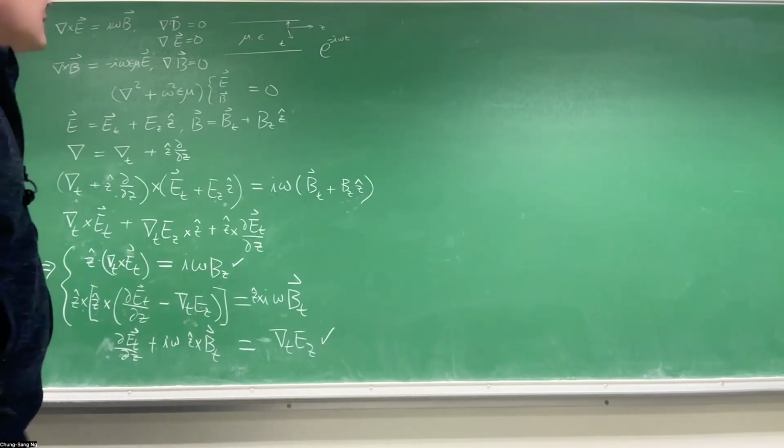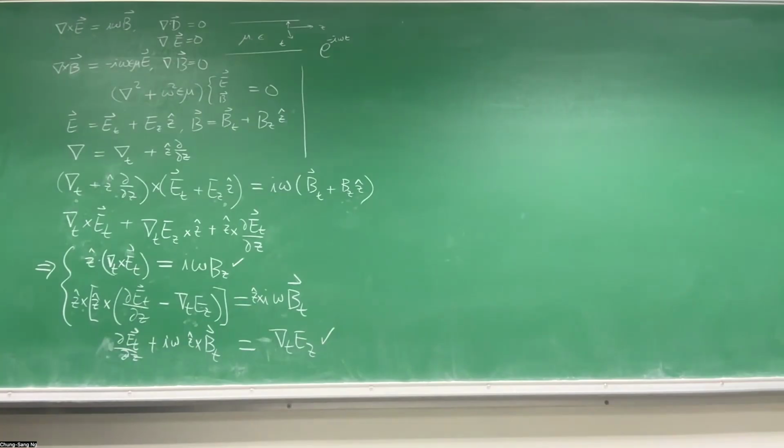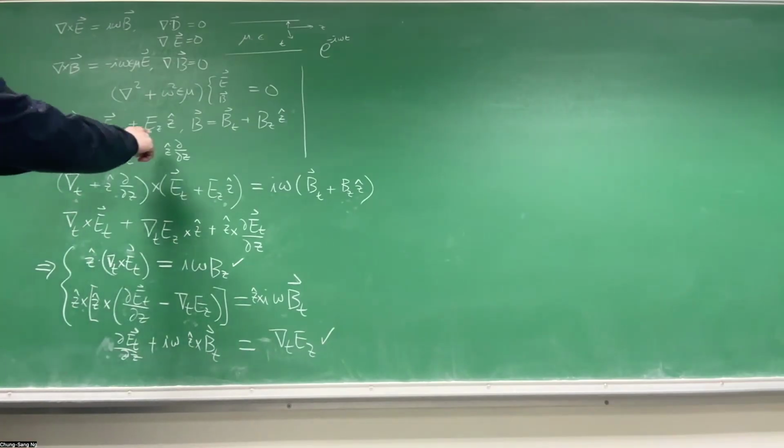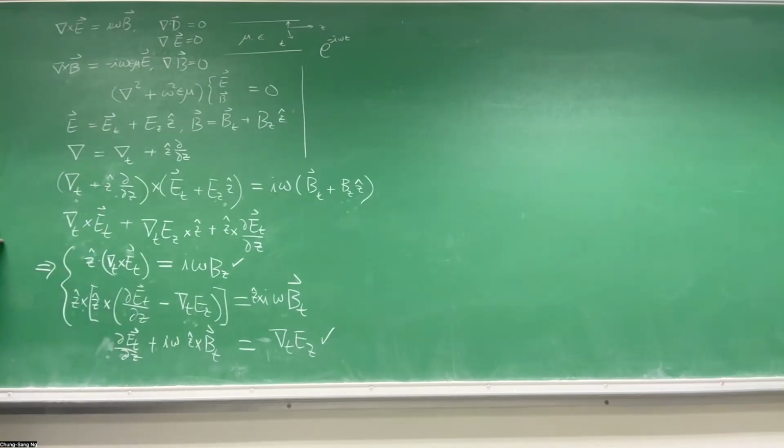All right, then the next step should be a little easier because we can do the same thing for the second equation, for Ampere's law. But without doing that, we can just do substitution because these two equations are the same form.